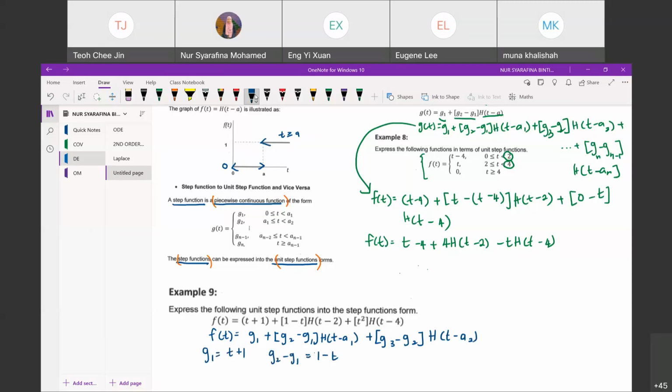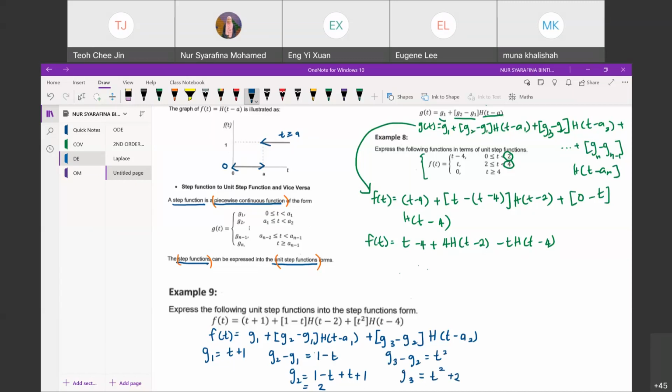You know that g1 is t plus 1, so g2 equals 1 minus t plus t plus 1. So you will have 2. And then g3 minus g2 equals t squared, and you know that g2 is 2, so g3 is t squared plus 2.